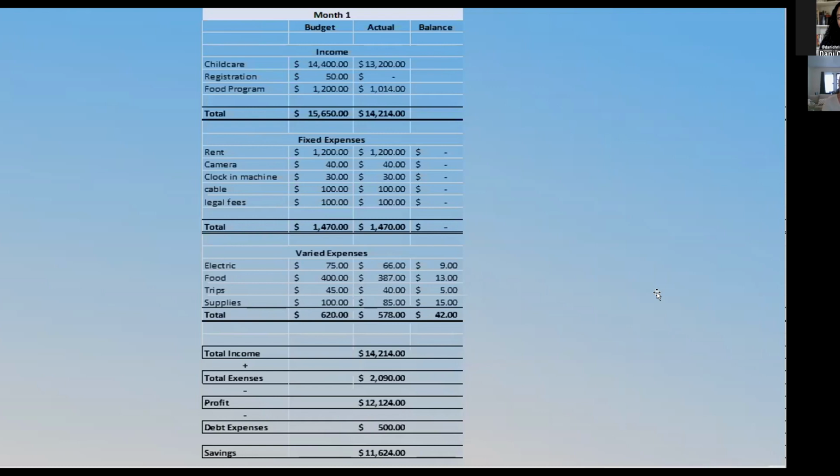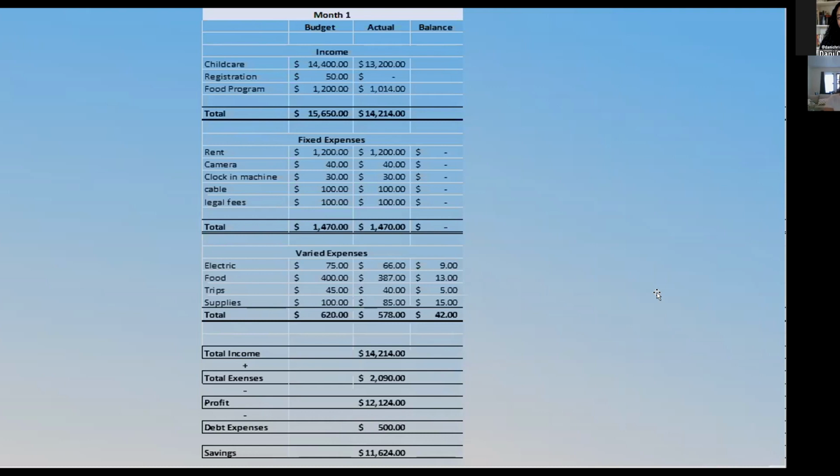Now my fixed expenses are my rent, camera, clock-in machine, cable, and my legal fees. Those are fixed, so everything that I budgeted was my actual. But my varied expenses, my electricity, food, trips, and supplies, I expected to spend $620, but I actually spent $578.